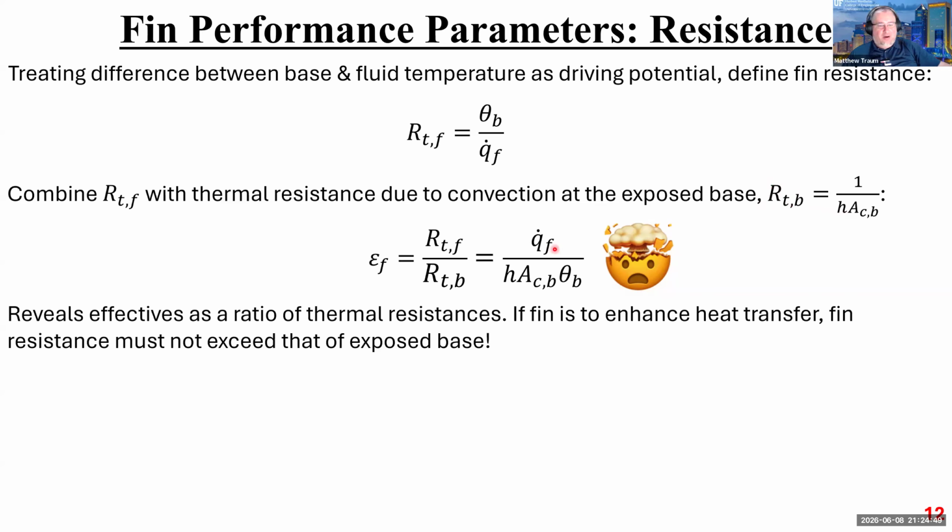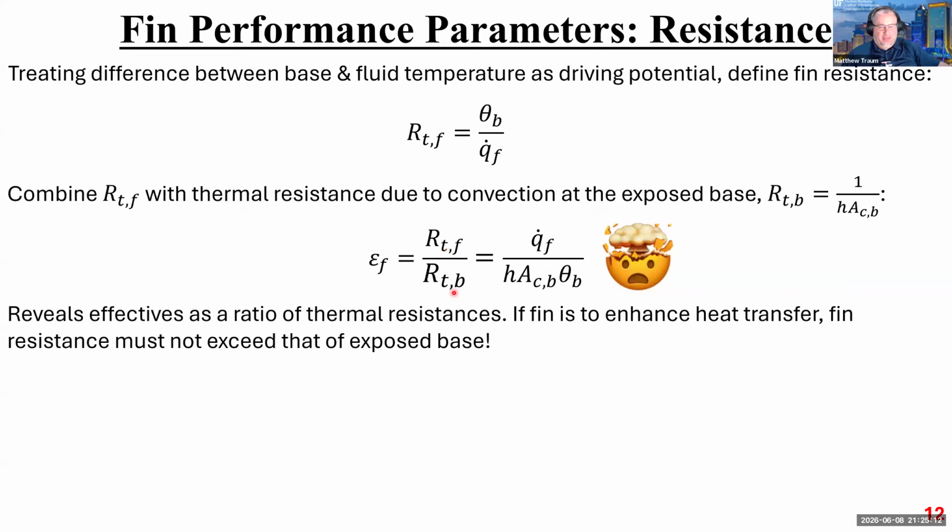And now you could think of effectiveness in a different way. Effectiveness can also be written as a ratio of the resistance in the numerator of the fin divided by the resistance in the denominator of that little section where the fin is attached, right?